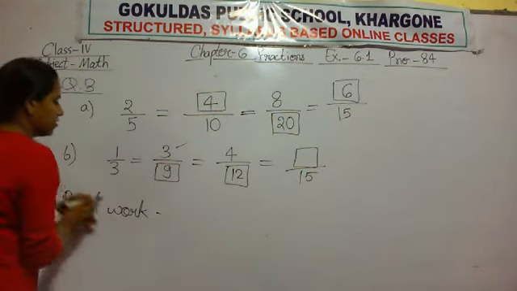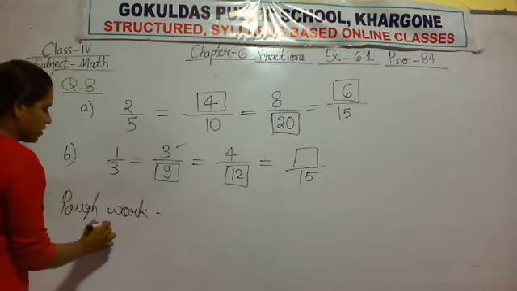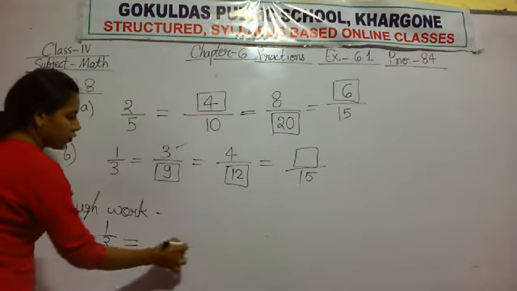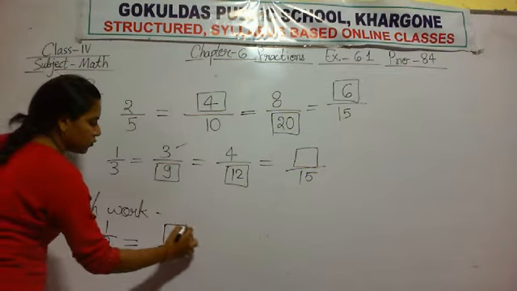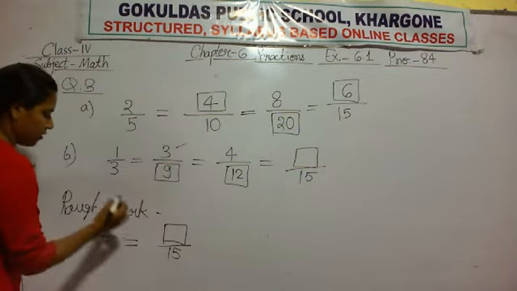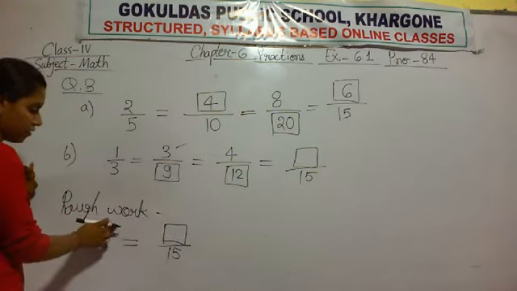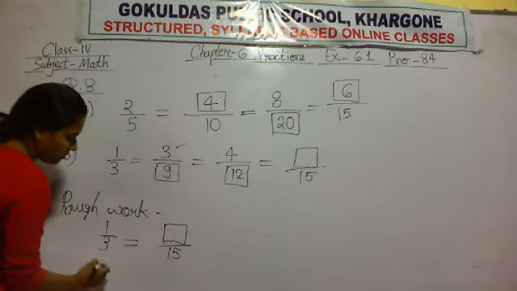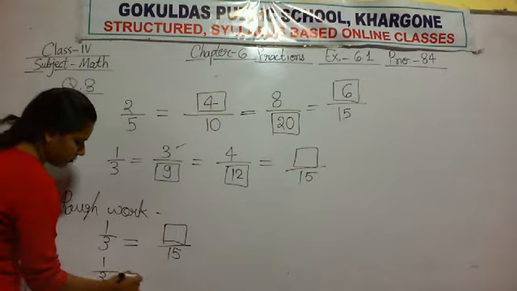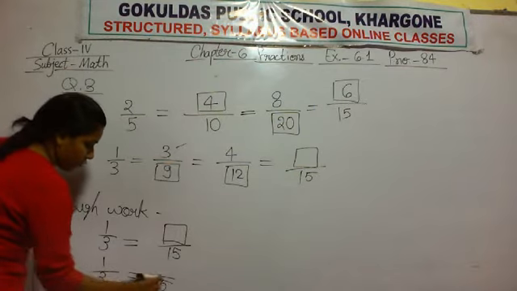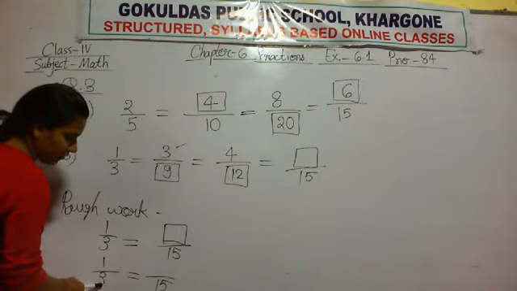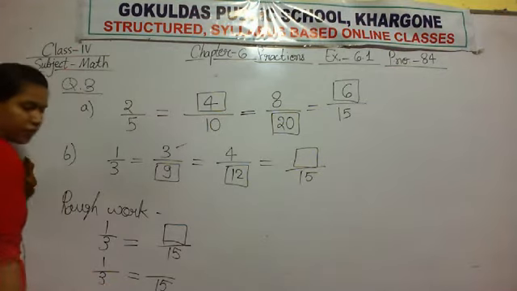Now the next, your given fraction is 1 upon 3 and you want to make it equivalent to blank upon 50. Here no numerator is given, so we cannot start from it. So let us start with the denominator. What will you multiply with 3 to get 50?